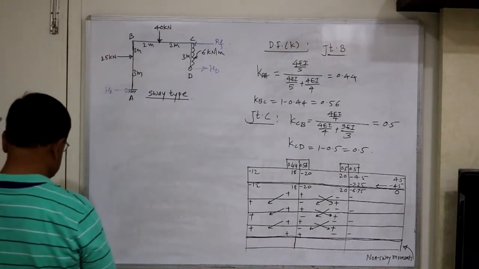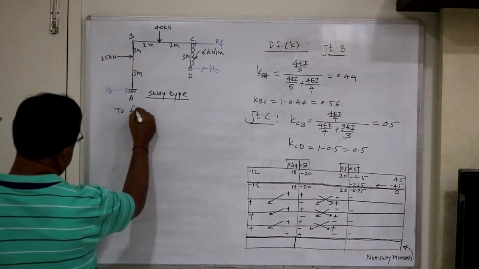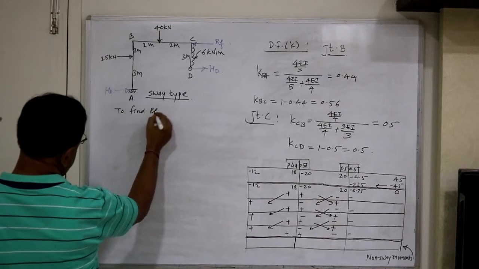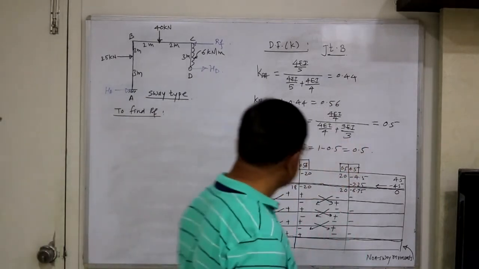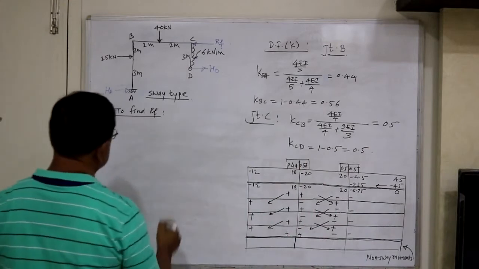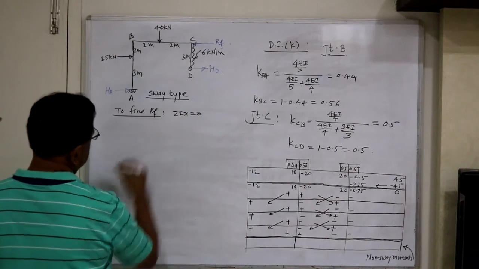So let's find out RF. Now to find RF, we have to use the equilibrium condition, that is summation Fx equal to 0.